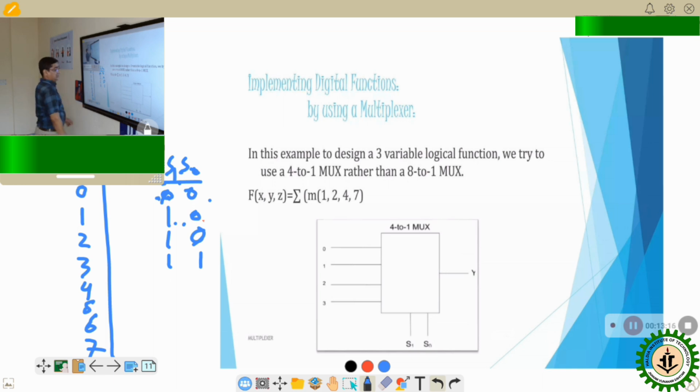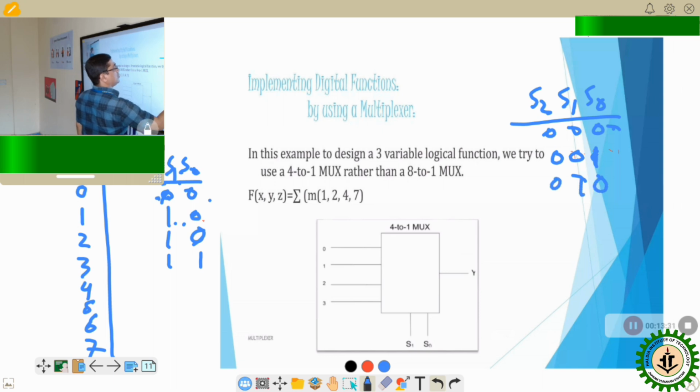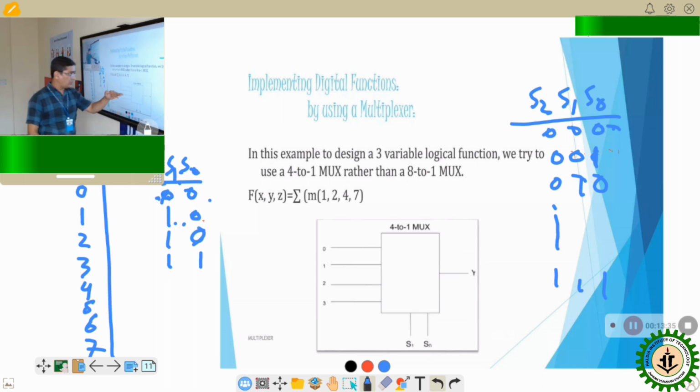Then the other function, S0 S1 S2, is 0 0 0, 0 0 1, 0 1 0, and like that we will get 1 1 1. When we implement this function, we just take here A, B, and C. Three inputs are there for the select input.